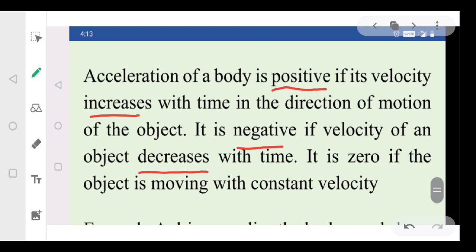And acceleration will be 0 if a body is moving with a constant velocity. Suppose a body is moving with a constant velocity throughout the motion. A car is going on a straight road without changing its speed with time. In this case, the acceleration of the body will be 0. Why? Because there is no change in velocity. If there is no change in velocity, acceleration is going to be 0.